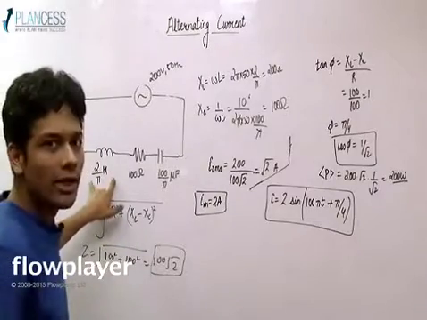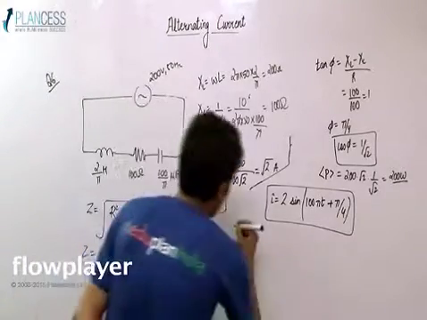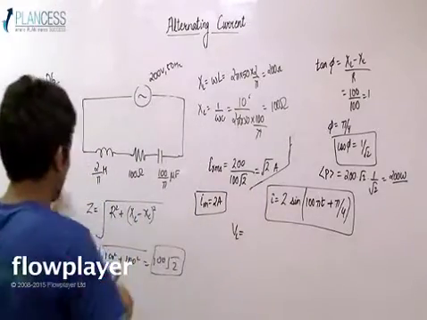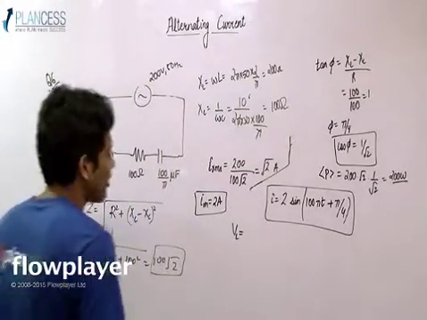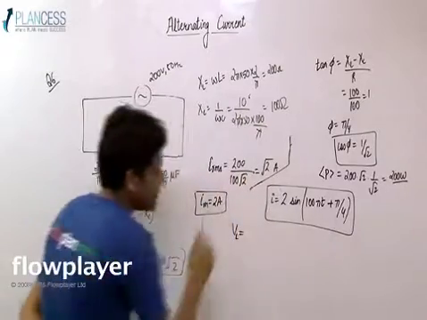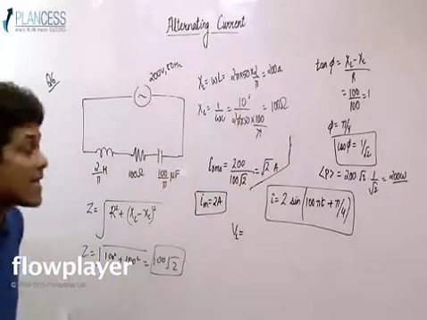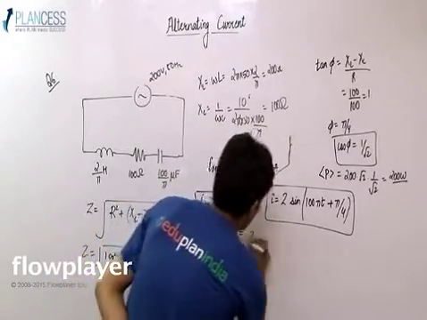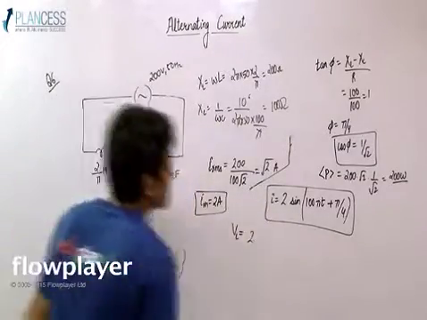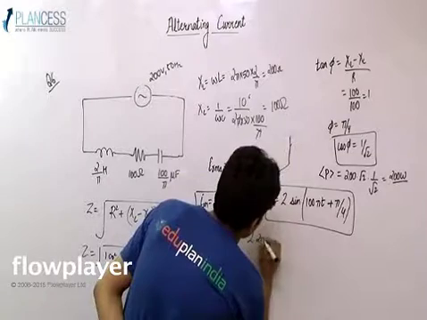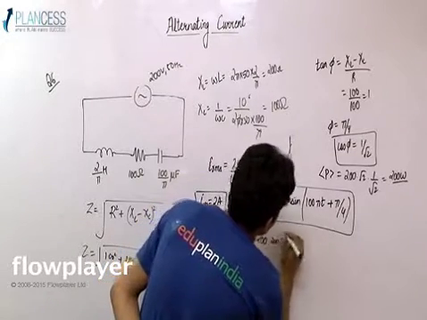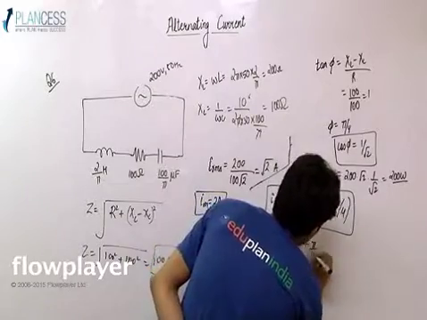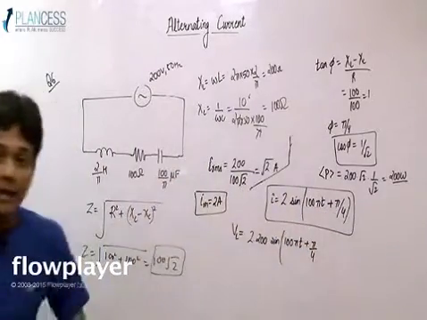Now if I want to calculate VL, the potential difference across the inductor, it can be written as the maximum current, which is 2, into XL, that is 200 ohm, into sin(100πt + π/4).